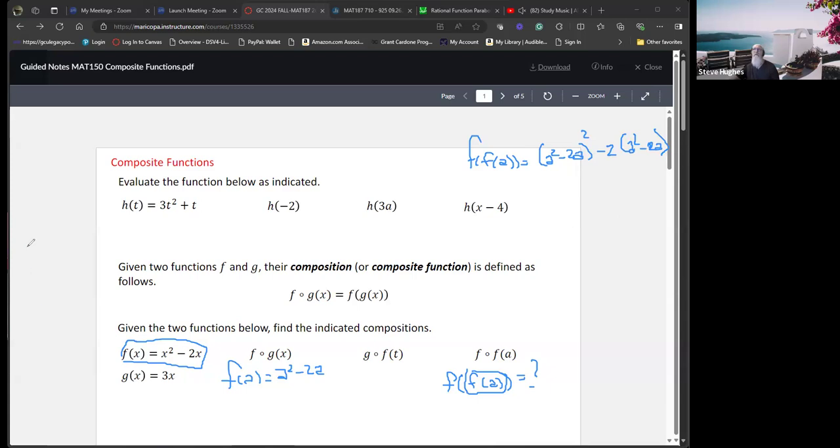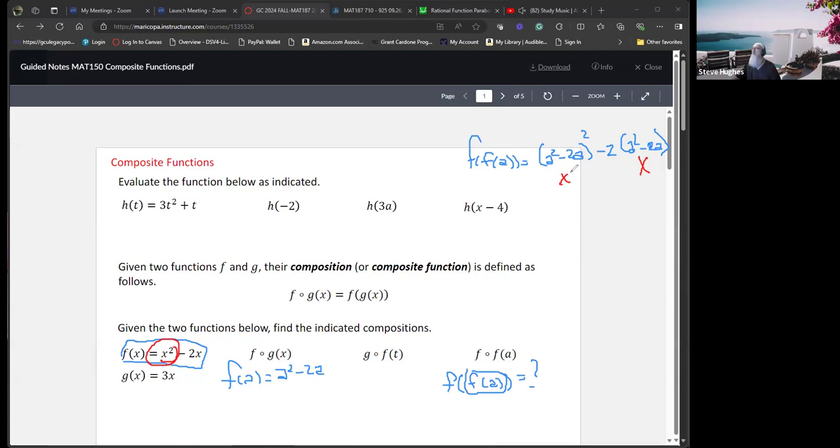Going back here, here's x squared. In place of x, what did I put? A squared minus 2a. That's f of a. Right here, this was minus 2x. In place of x, what did I put? A squared minus 2a. I simply made that substitution, right? I made the substitution and then I could simplify it from there.